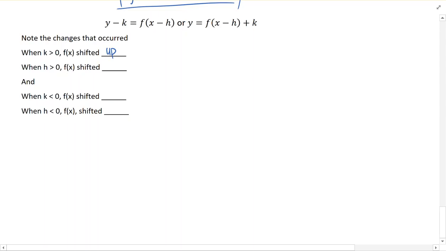When h is bigger than 0, then you're shifted to the right. When k is smaller than 0, you are shifted down. And when h is smaller than 0, you are shifted to the left. And that's it.